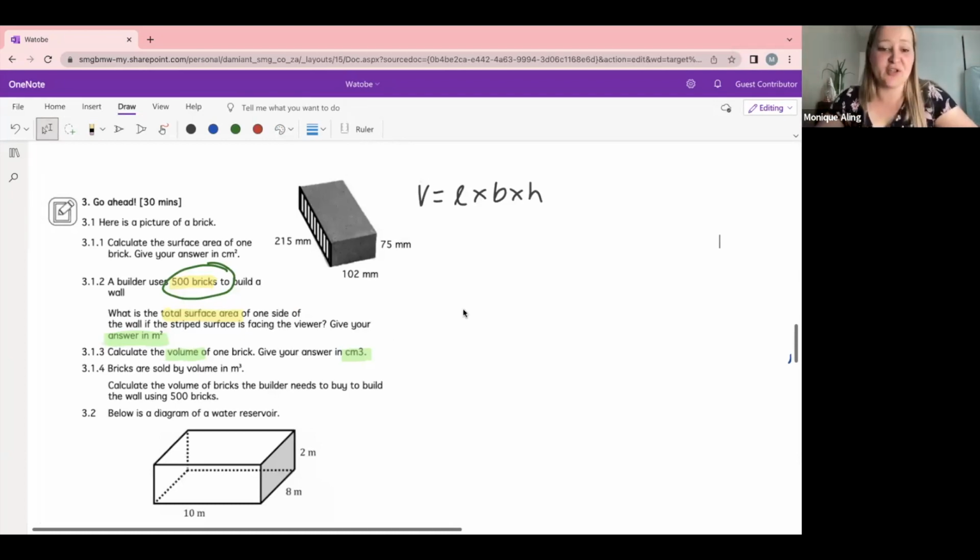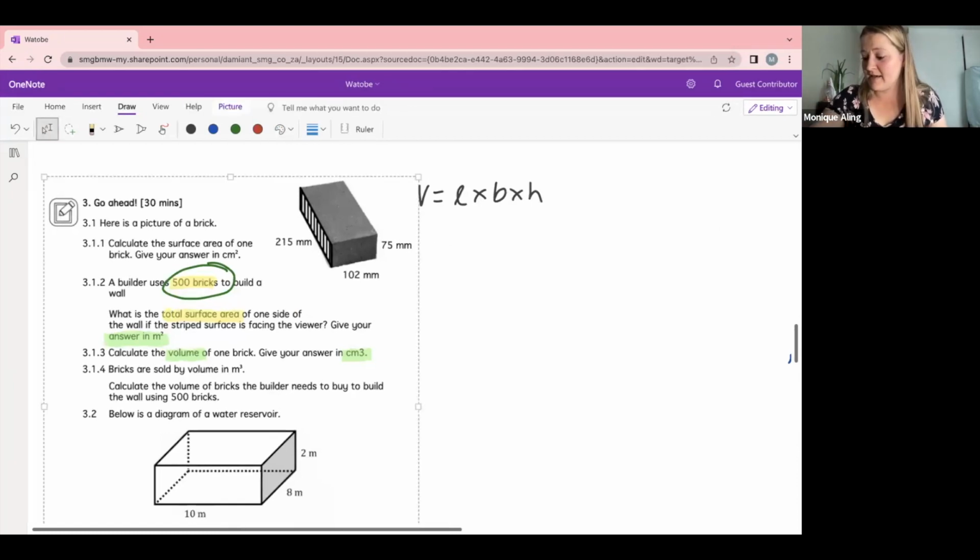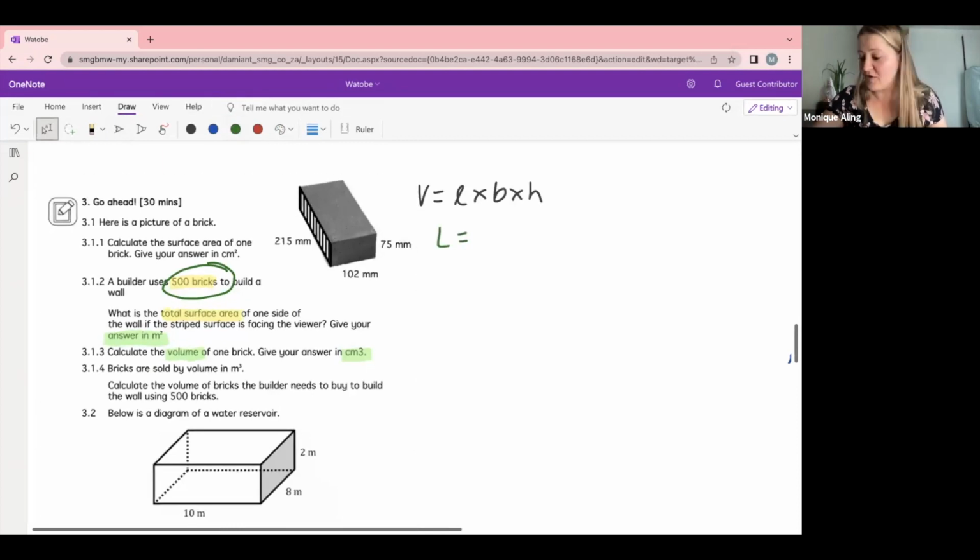Okay, guys, so let's go through this. So again, we are using length, which is 21.5 centimeters. My breadth or my width is 10.2 centimeters, and my height is 7.5 centimeters.